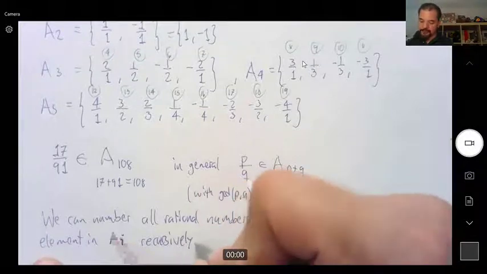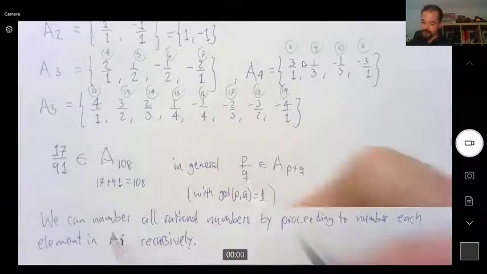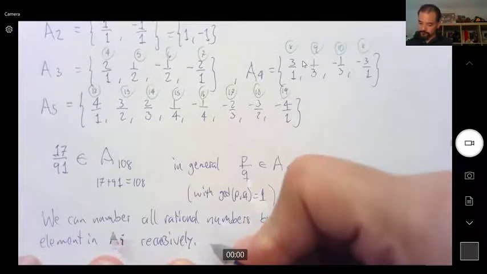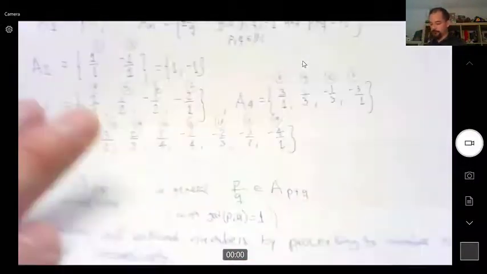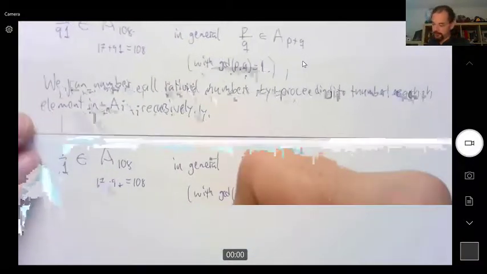So that means we start in A1, then A2, then A3, then A4. So in this way, let me just provide a bit more explanation of why we have the properties that we want.